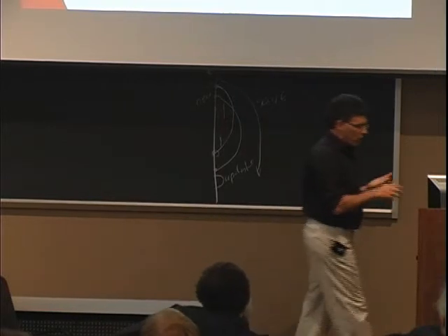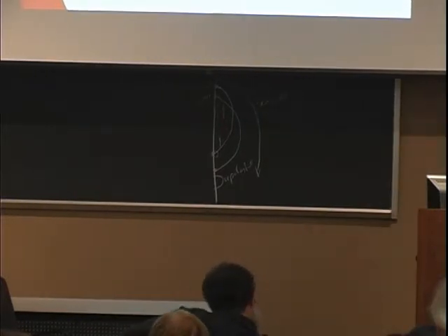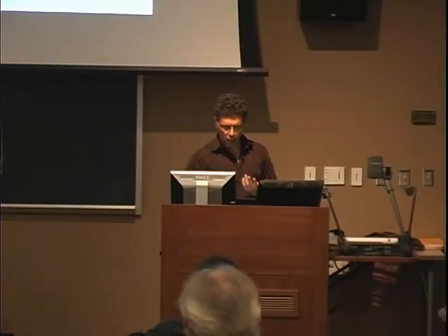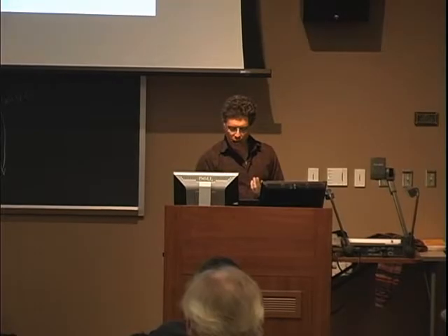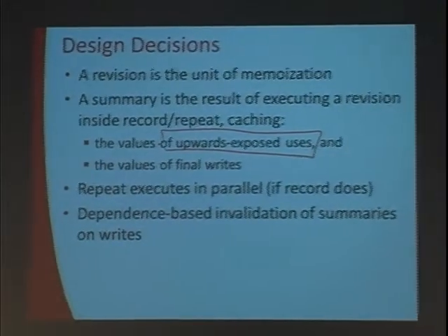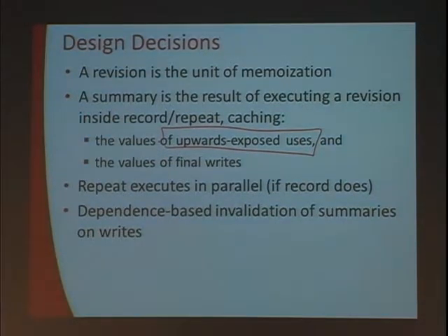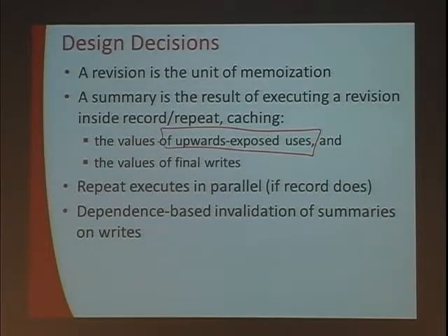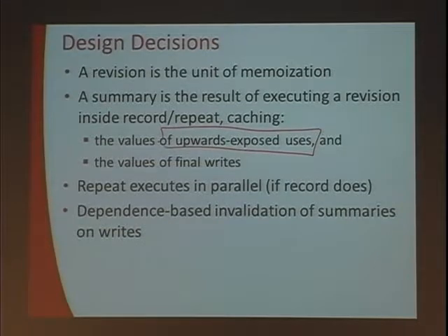The nice part about concurrent revisions for this is that, through this level of indirection with the version data type, we are already tracking the information, because in order to do concurrent revisions without incremental, we need to do efficient copy on write. So when we logically think of making a copy, we actually don't do the copy. We have to track how the data structure is being written to and read from.